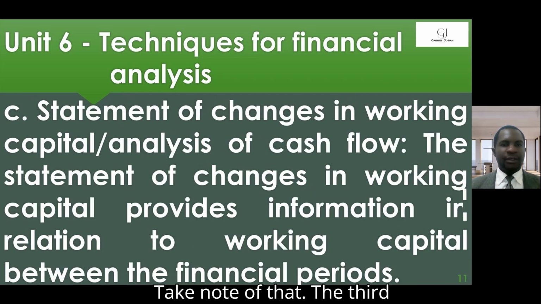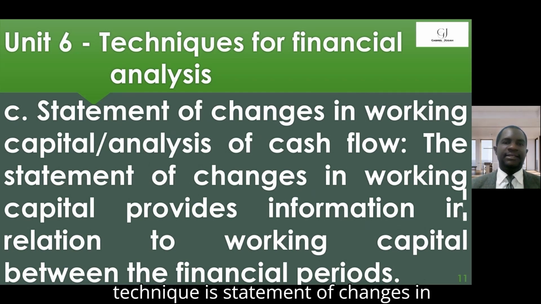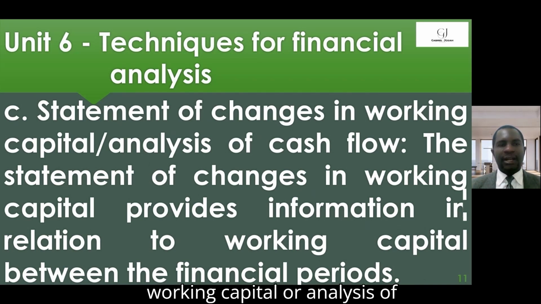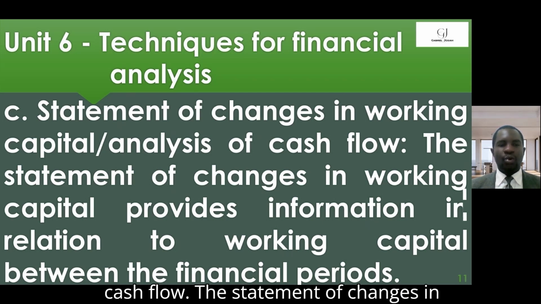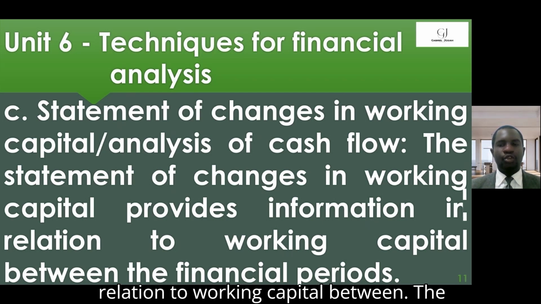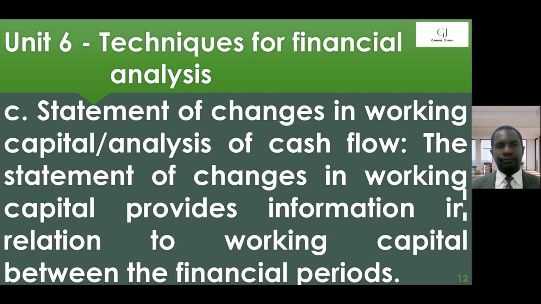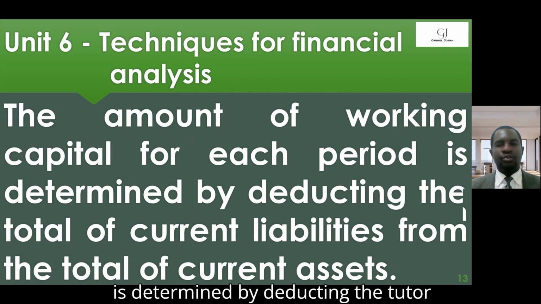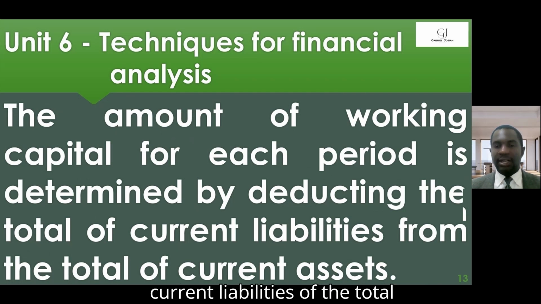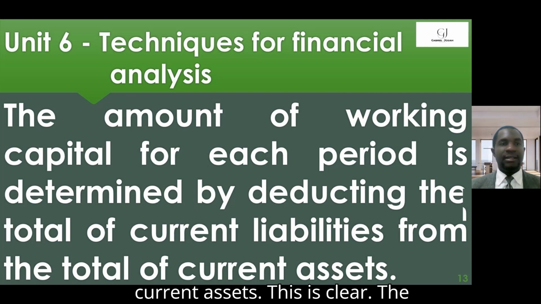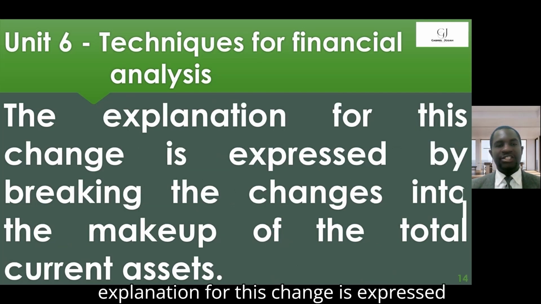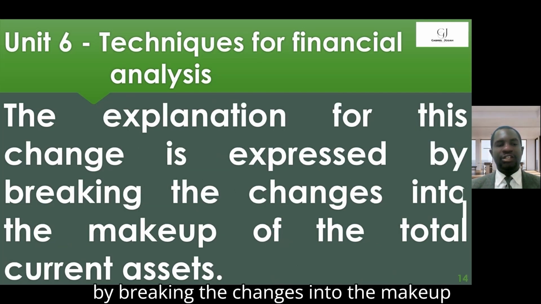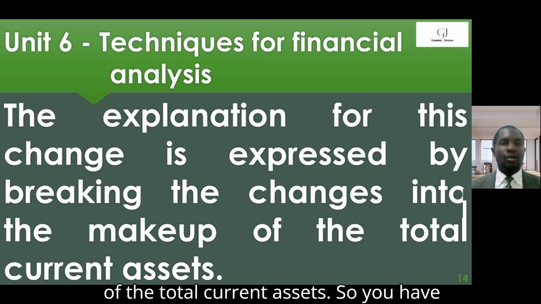Take note of that. The third technique is the statement of changes in working capital, or analysis of cash flow. The statement of changes in working capital provides information in relation to working capital between the financial periods. The amount of working capital for each period is determined by deducting the total current liabilities from your total current assets. This is clear. The explanation for this change is expressed by breaking the changes into the makeup of the total current assets.